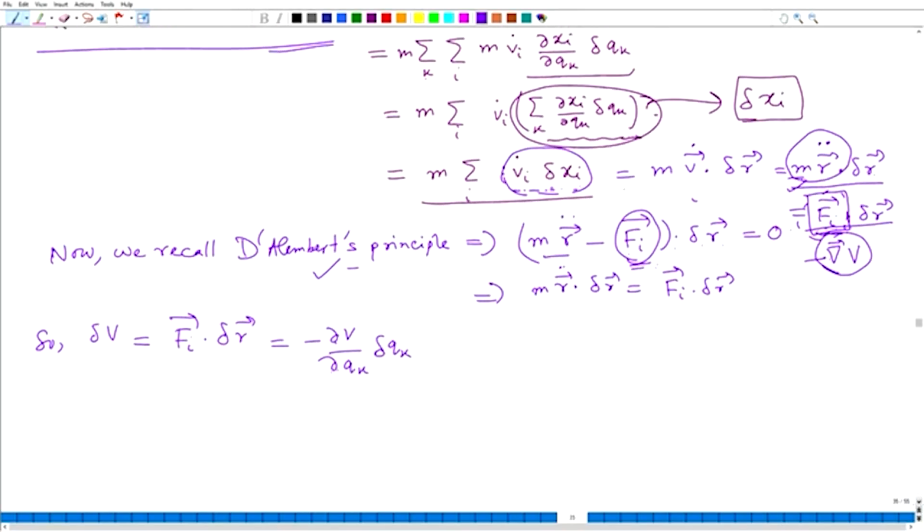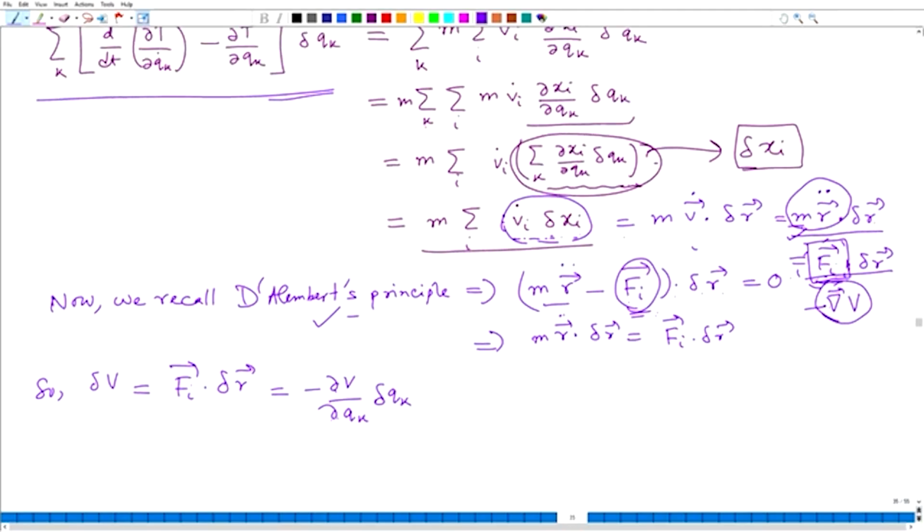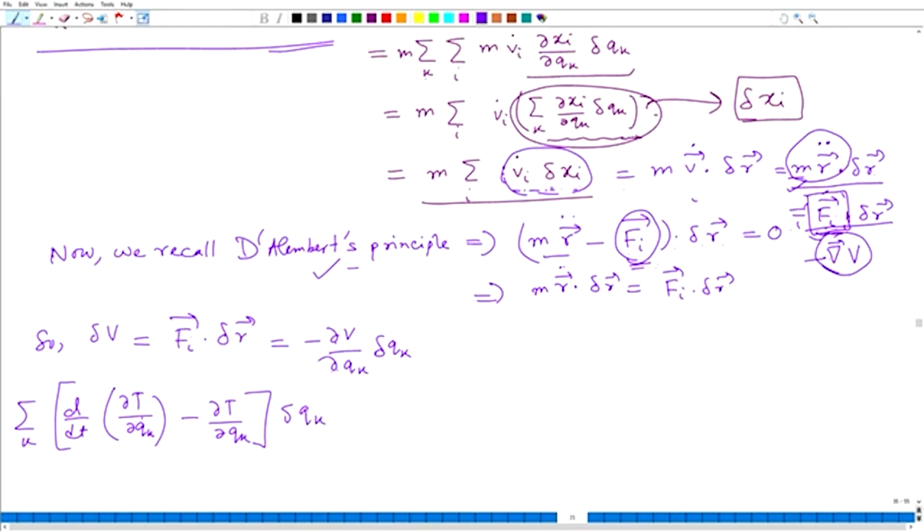If you admit this part, then you see that d/dt summation over k of d/dt of del T del q k dot minus del T del q k times delta q k plus del V del q k delta q k, okay, is equal to 0, where again I am writing this with a summation over k.